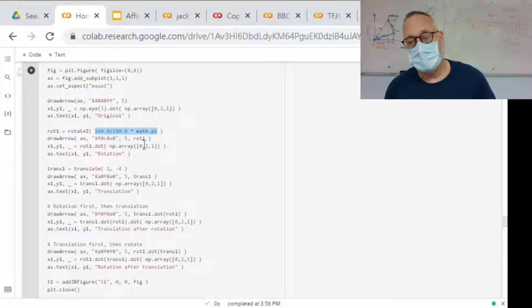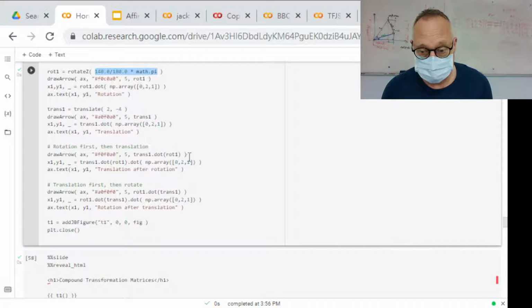Because when I look at the printout, it's much easier to understand if something is 30 degrees, as opposed to pi over 2, pi over 4, pi over 6.